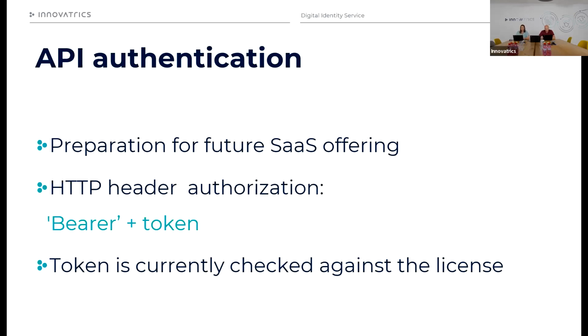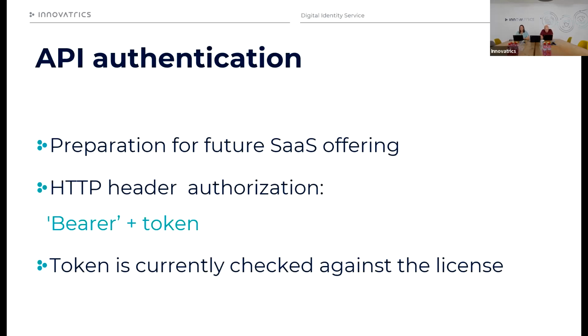So we wanted the API to be ready for this already. This means that you have to use this API authentication also if you use the digital identity service on-premise, but it's not anything complicated.